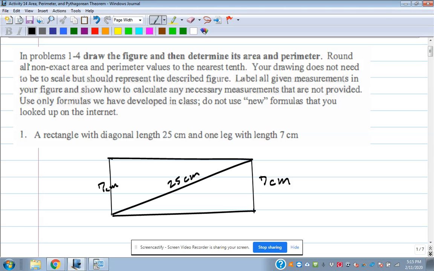I'm supposed to find the perimeter and the area of that. Ooh, I don't have the base. I don't have the length of the rectangle. But it's a rectangle, and I do have a diagonal. So what does that mean? I can use that good old Pythagorean theorem: a squared plus b squared equals c squared.